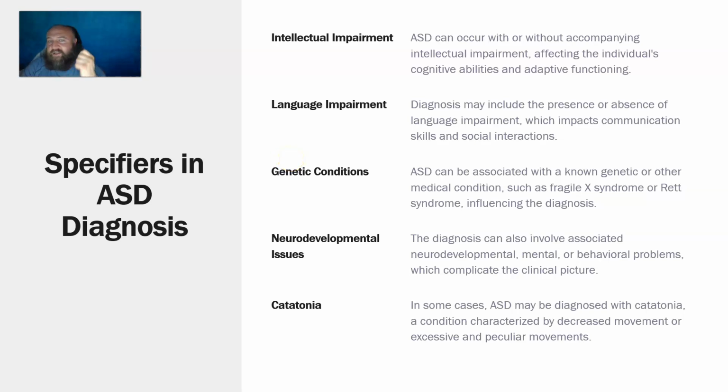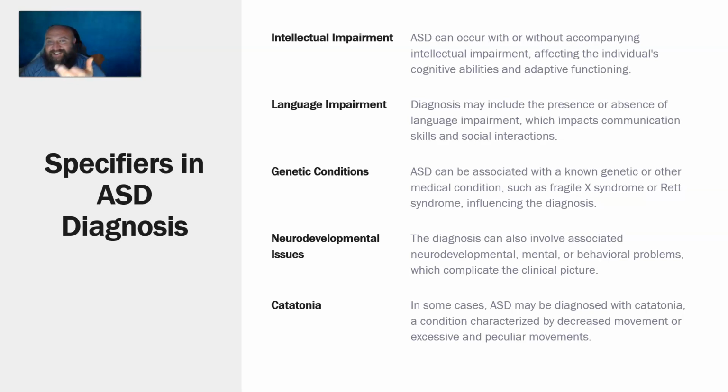So you see listed here, intellectual impairment. ASD can co-occur with or without accompanying intellectual impairment. I just mentioned that technically, if the symptoms of ASD are not caused by that, you can diagnose for both. But if you do have one of those disorders I just mentioned and ASD, you would add this intellectual impairment at the end of it. To me, I don't think this is one of the most inclusive terms.